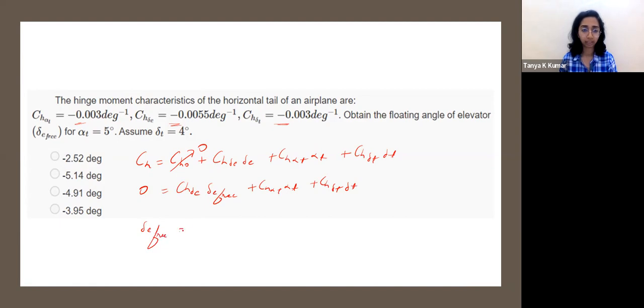Delta E free or delta E float, at which point the hinge moment becomes 0. What is the value?